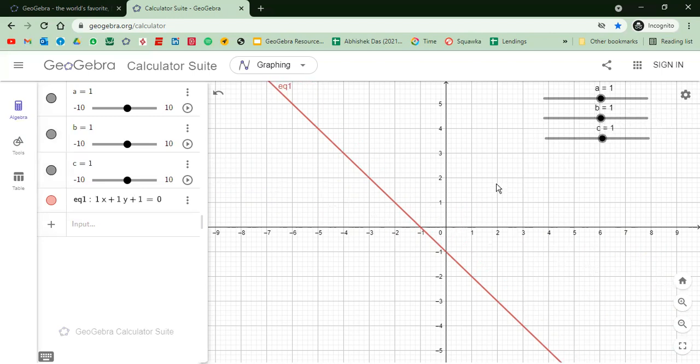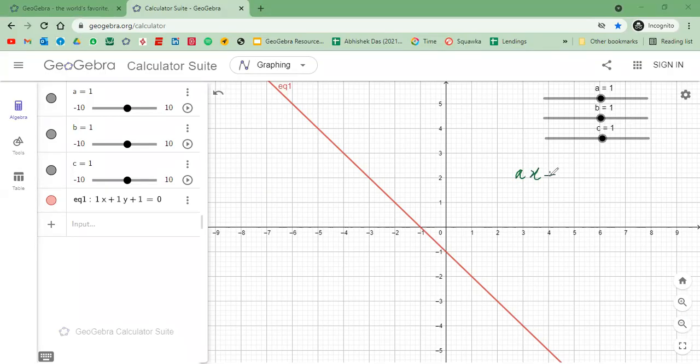Now, let me write down the general form of linear equation again: ax plus by plus c equal to 0. If I rearrange this equation into the slope-intercept form, it will look like by equals minus ax minus c, and y would be equal to negative a upon b x minus c upon b.